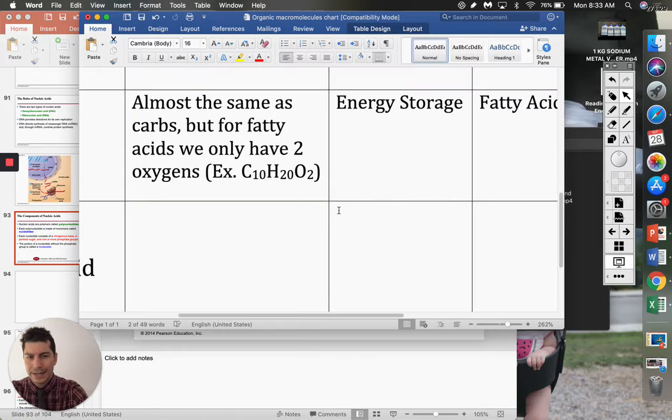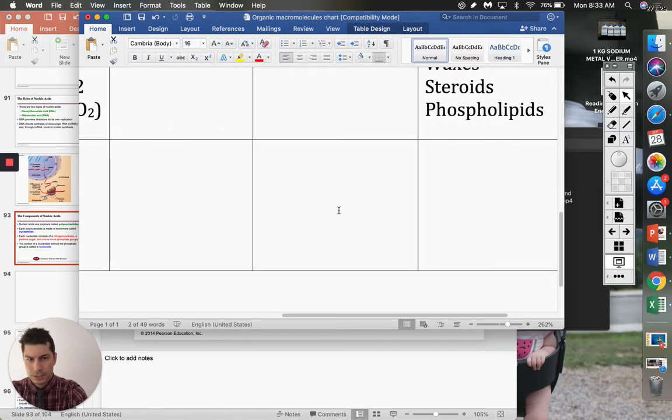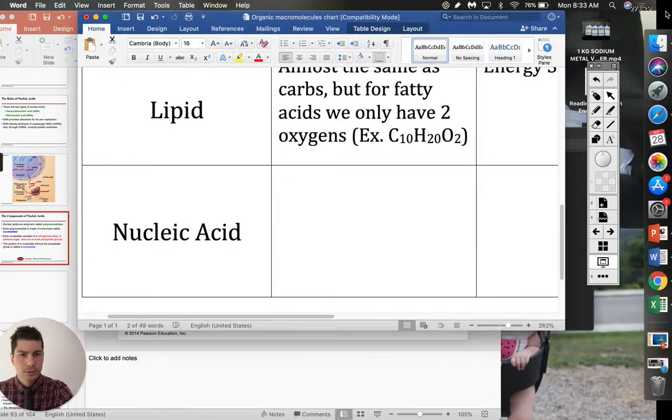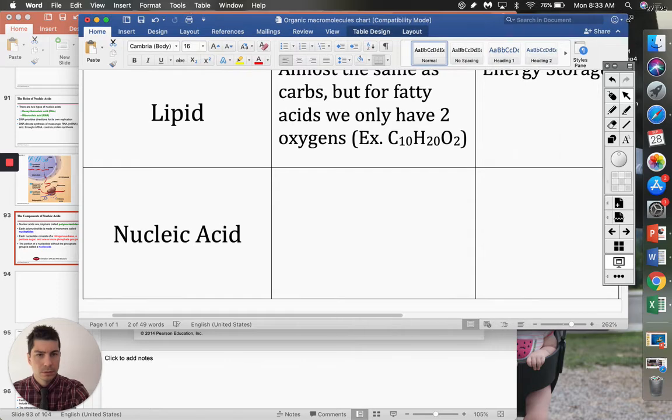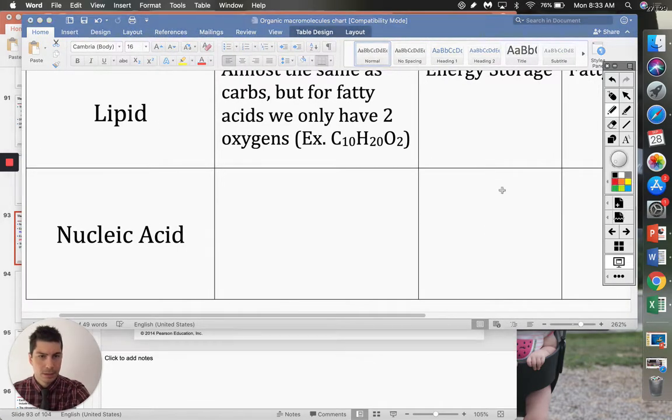Okay, so nucleic acids. I'm going to do the function, the monomer, and the polymer first, and then we will come back to our structure. All right, so for our function, guys, pretty easy.